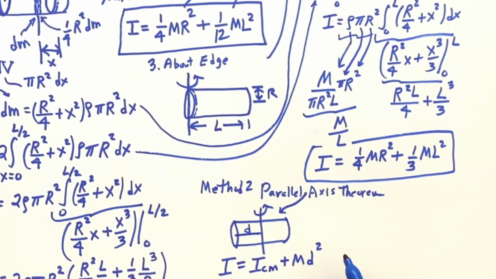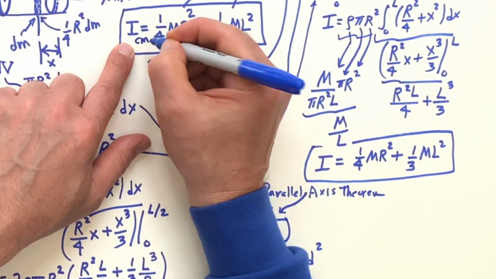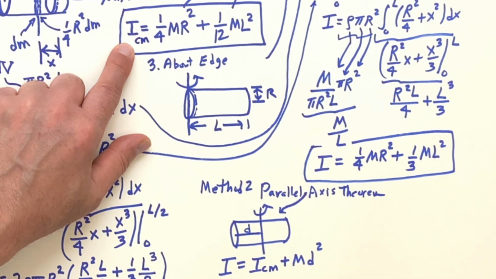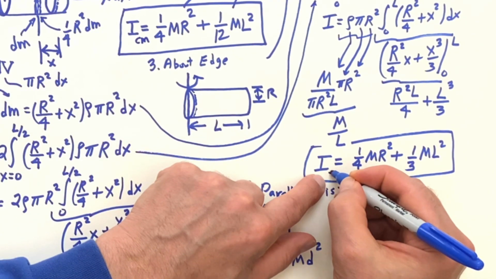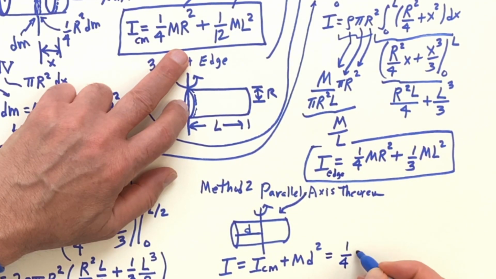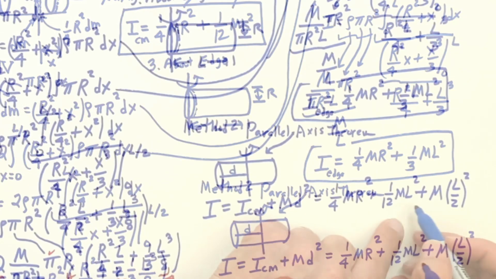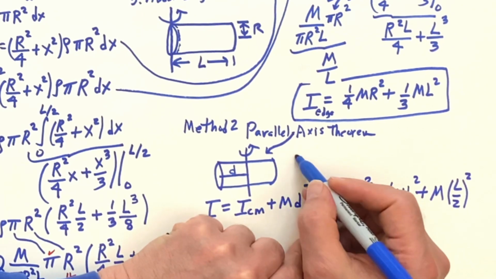Now the center of mass case we already did. That's up here. Let's go ahead and put cm to just remind ourselves that's the center of mass case. And then let's remind ourselves here, this is the edge. We'll have 1/4 m r squared plus 1/12 m L squared plus m times this d, which is L/2. So this is going to affect the second part, not the first part.